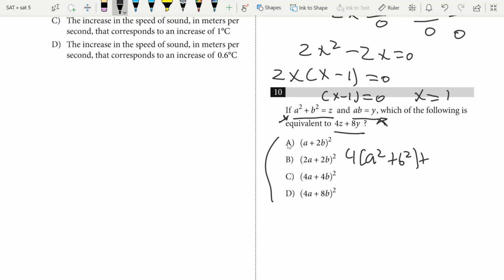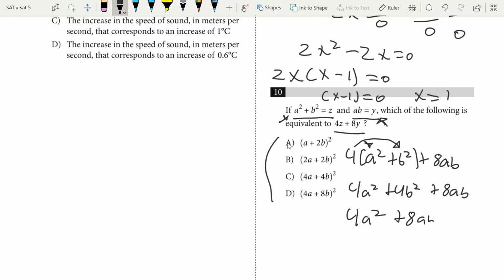And then we have plus 8 times y, and we're told that y is ab, so we have plus 8ab. Now we multiply our 4 by our a squared, and we multiply our 4 by our b squared. We're left with 4a squared plus 4b squared plus 8ab. We can rewrite that as 4a squared plus 8ab plus 4b squared.